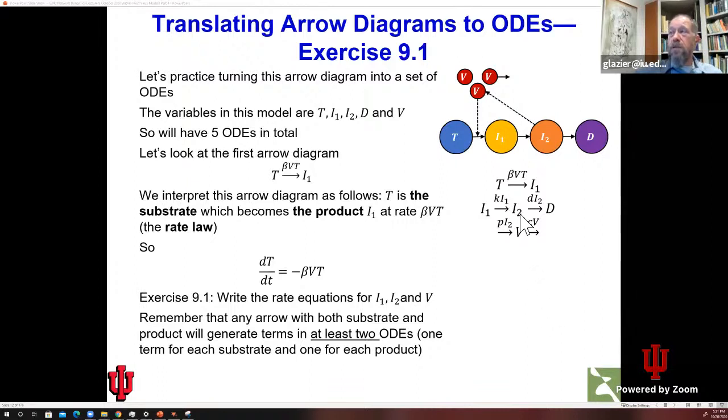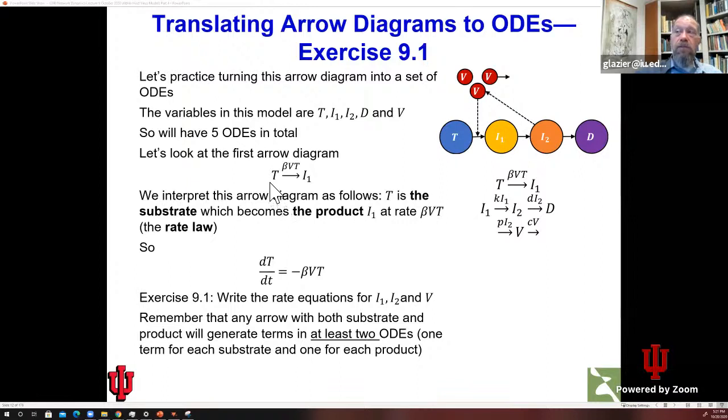So we look at the first arrow diagram. We have T goes to I1. T is a substrate, which means the rate of change of T will be minus whatever is written on top of the arrow. And it's going to produce a product, I1, at a rate beta VT.